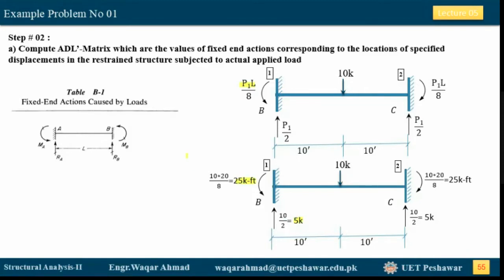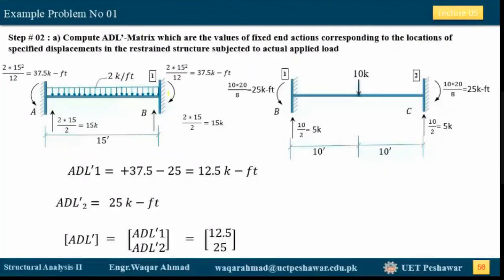So now what are the values of the A real dash? We know that the A real dash values are the values of the fixed end actions corresponding to the specified displacements. Our first specified displacement is at our support B, and it is clockwise, and we call it D1, you remember. Corresponding to this D1, we have this fixed end moment, which is 37.5 kip-feet, and this is clockwise.